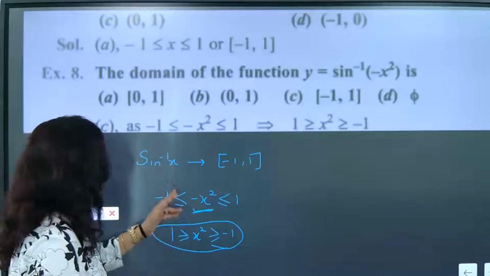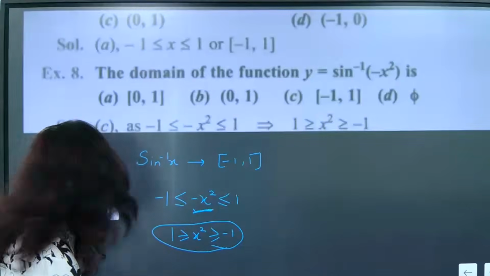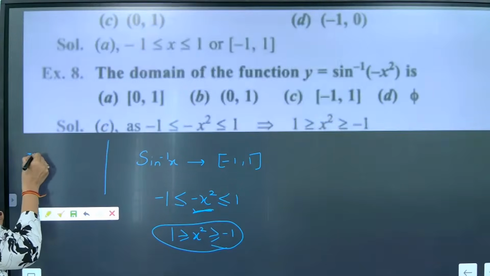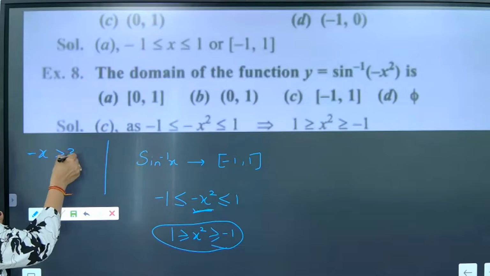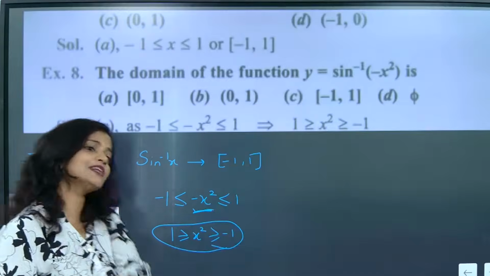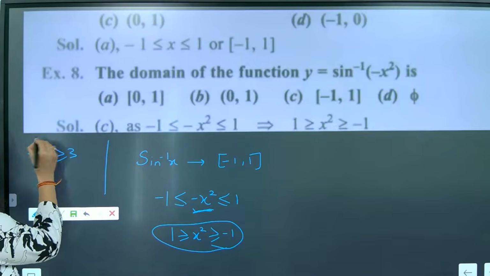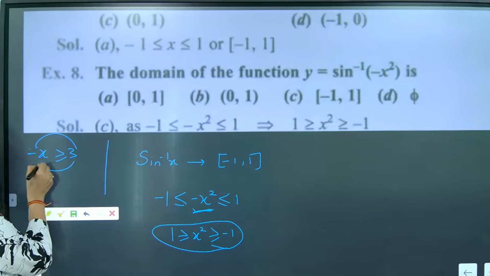Just focus here. One rule you must remember, and I am writing it here so you can understand. If minus x is greater than 3, then it is not that x is greater than 3. That's not correct. The correct statement is that minus x shifts to this side and 3 shifts to this side.